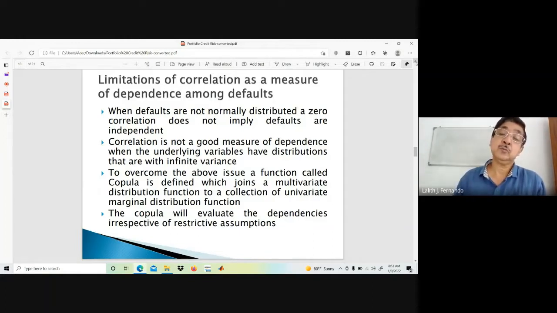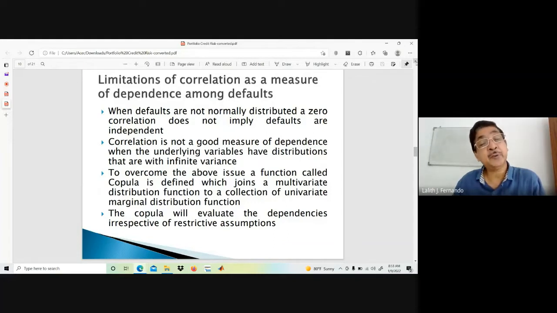When you have a very high number of advances in a portfolio, then in most cases the PDs are normally distributed because the number is high. Especially that number has to be more than 30.